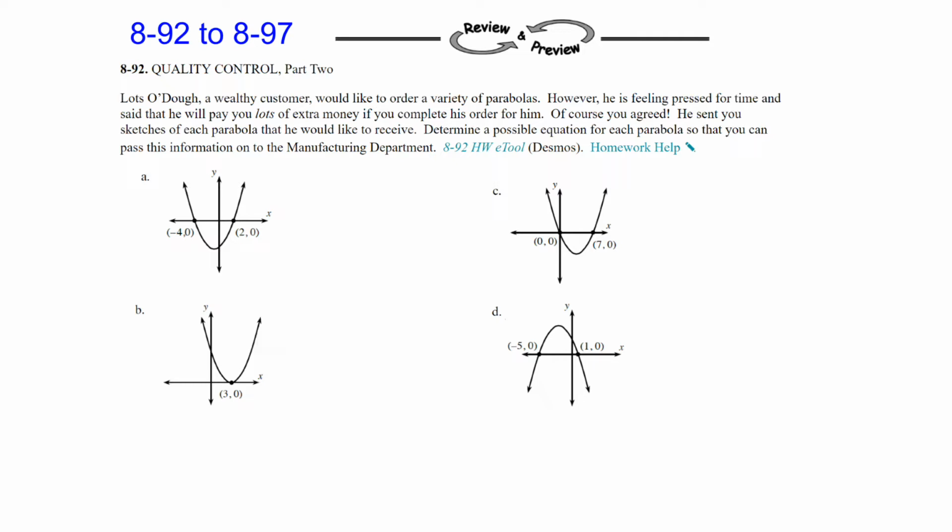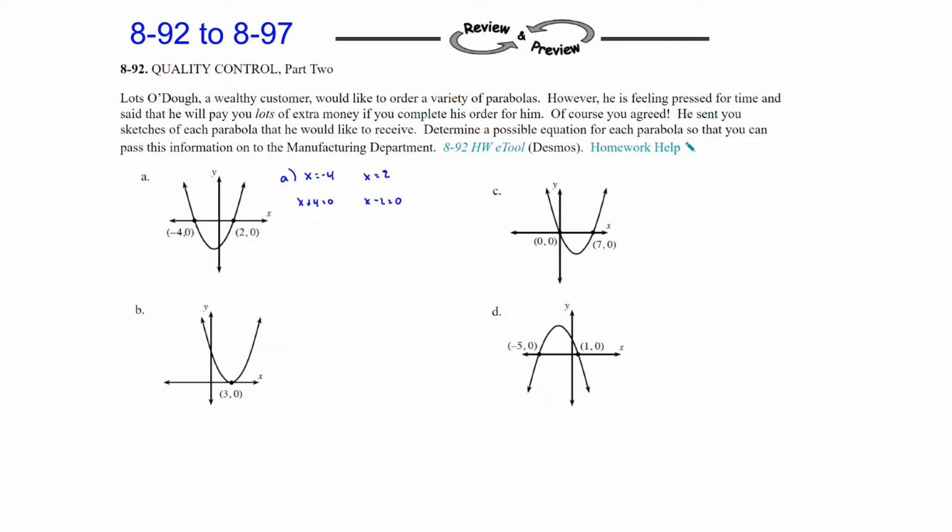All right, so let's take a look at Part A here. What information do we know? We know that the x-intercepts are at x equals -4 and x equals 2. So we're going to work backwards. We'll add 4 to both sides, set that equal to 0. Subtract 2 from both sides.